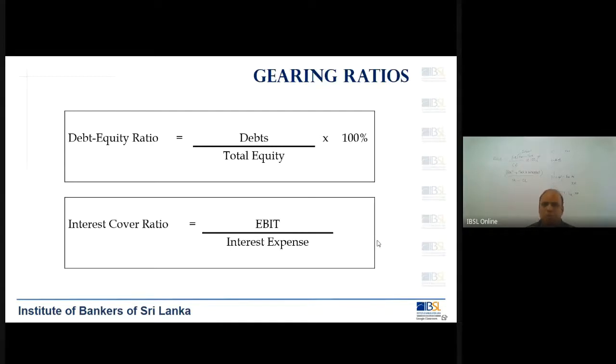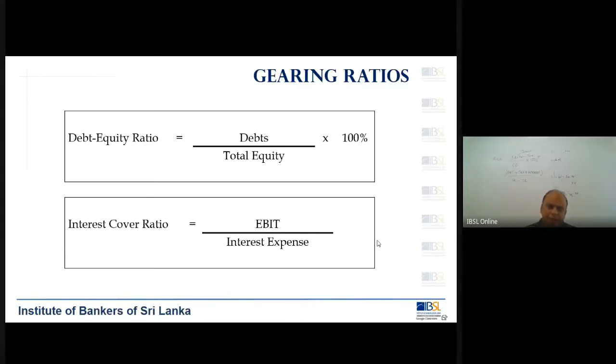So you need to maintain it at an average level. Maybe 30%, 40% is a good indicator, but 5%, 2% is not worth it. And going to 60, 70% or beyond is a very risky venture. So how do we calculate the gearing ratio? Debts divided by total equity.